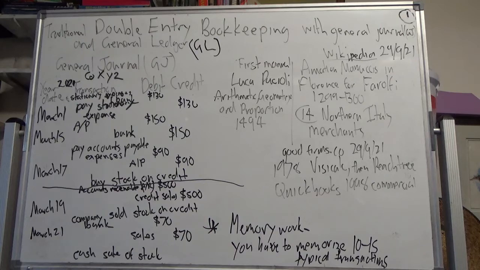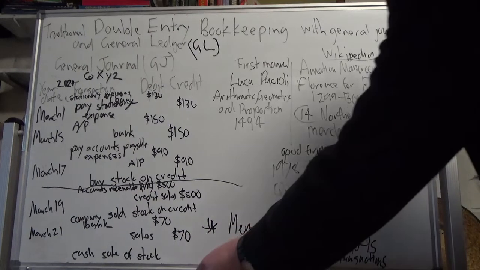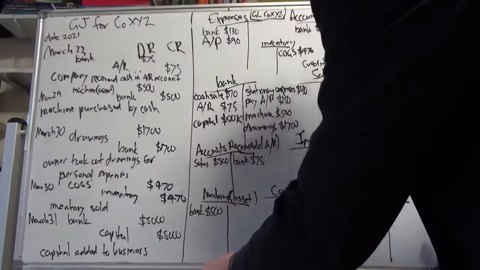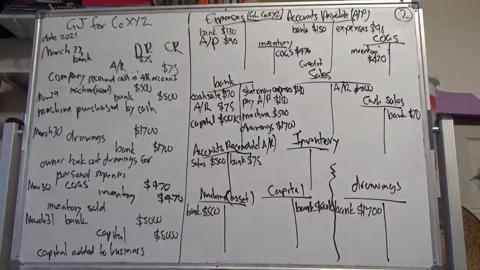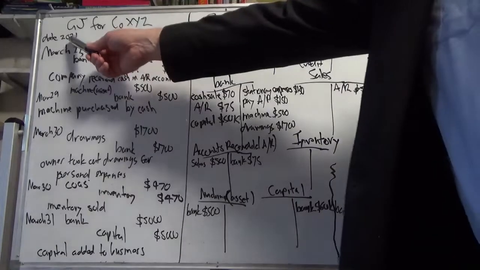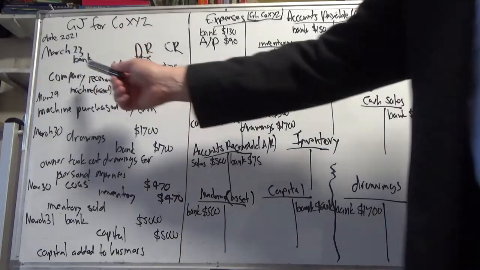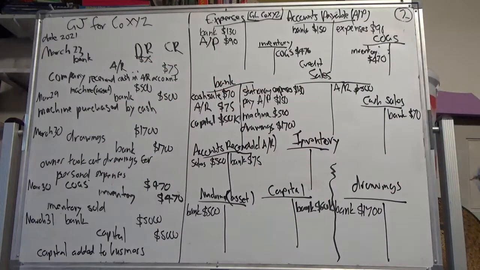So I've put some more journal entries in this whiteboard on the left hand side on the same year, 2021, some transactions in March the 23rd. The company received cash in their accounts receivable account.